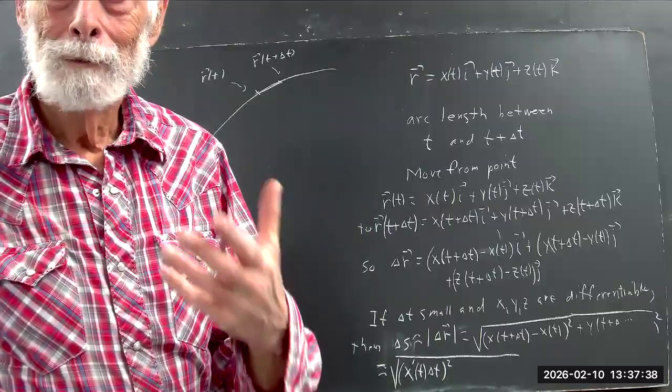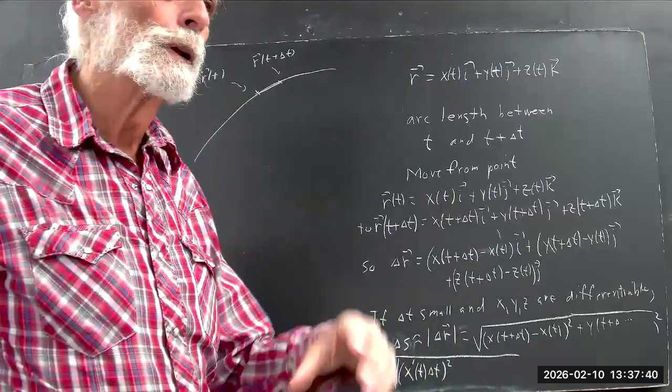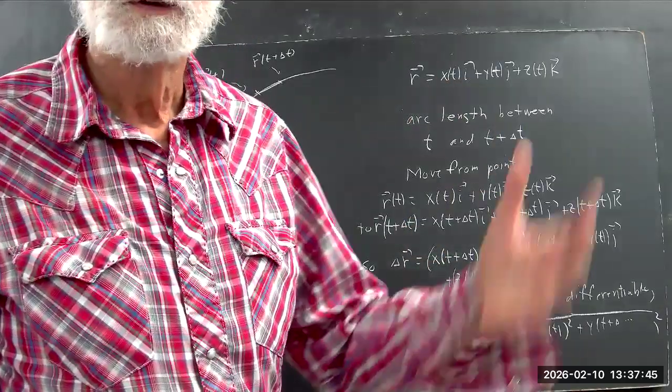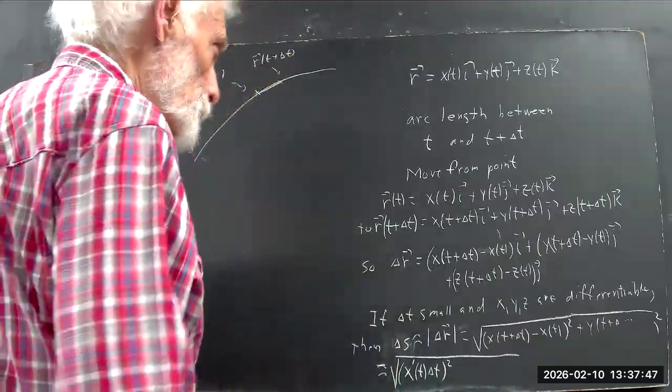Make sense? You really need to make sense of that. That's the whole concept of differential, which is typically pretty shaky when people come out of first year calculus. So you really want to think about what that means.